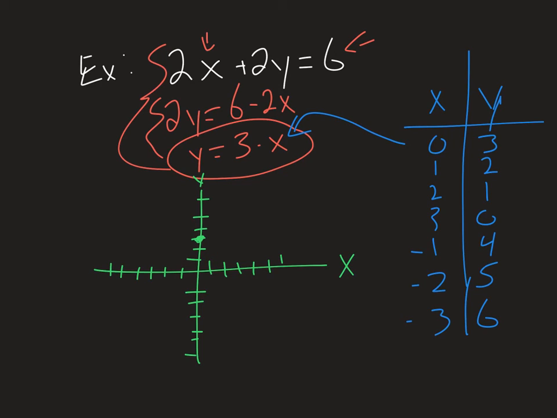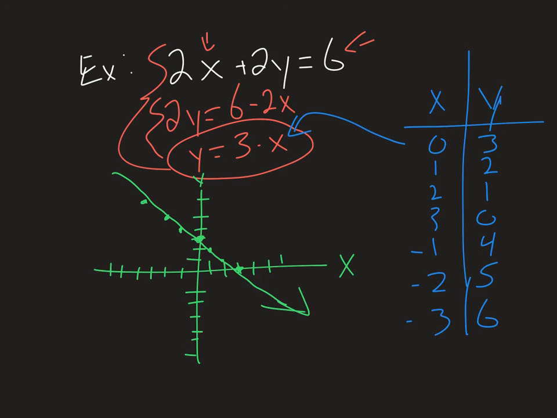And then 1, 2, 2, 1, 3, 0, and then we could see how that would continue. And then likewise, we're going to do the negative side. So negative 1, 4, then negative 2, 5, then negative 3, 6. And we can see again, this looks like it's going to form a line.